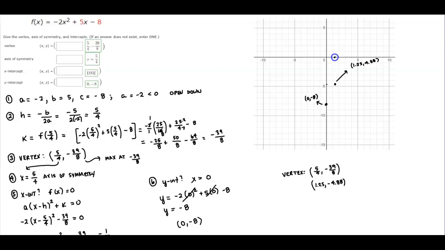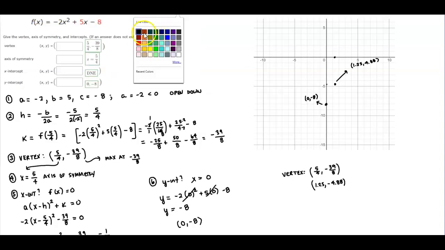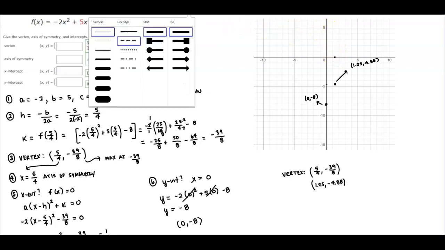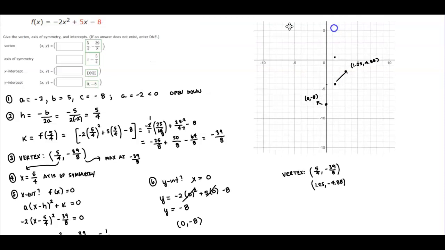And then what else do we know? Well, we know that we have a line of symmetry. Okay, and what does that line of symmetry look like? Well, we know that that line of symmetry goes through what value here?